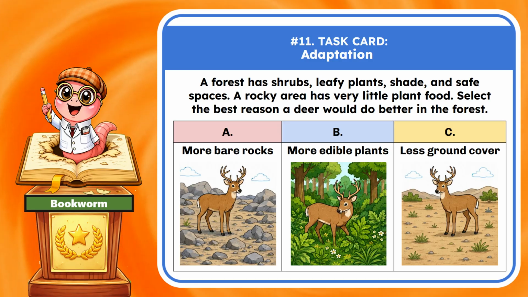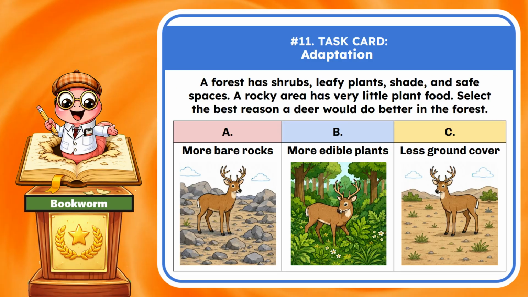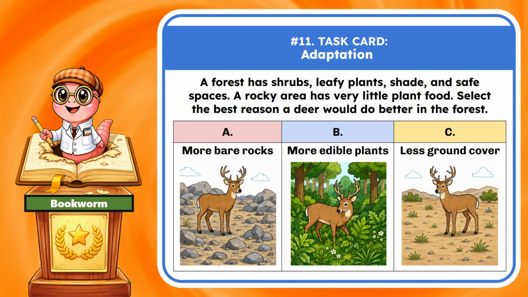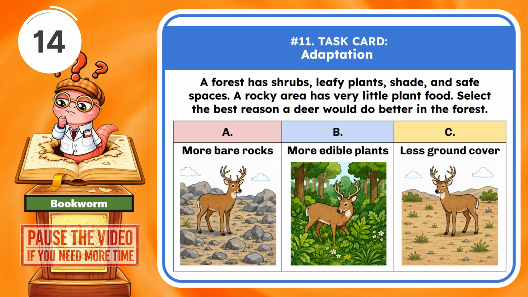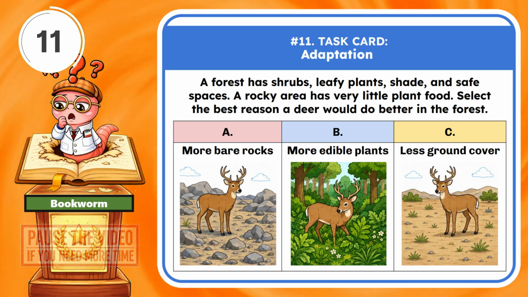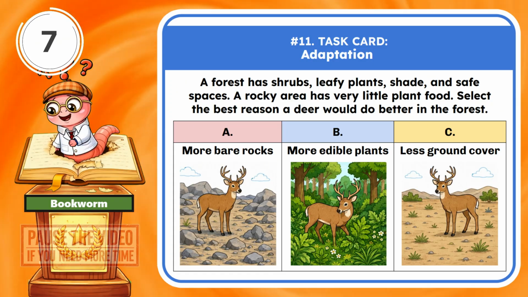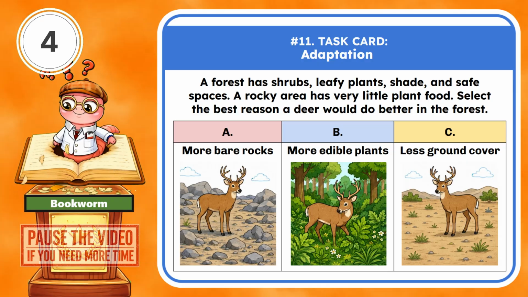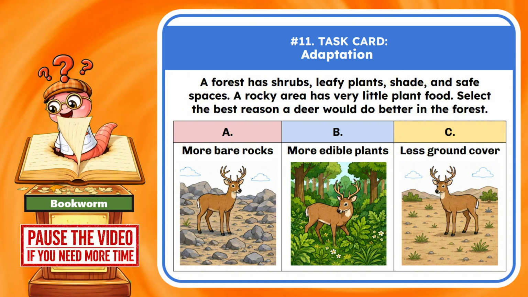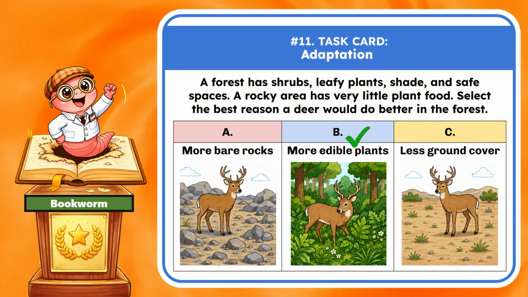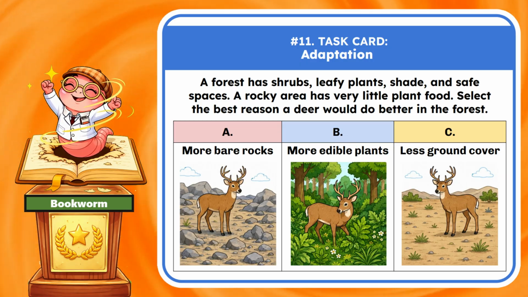A forest has shrubs, leafy plants, shade, and safe spaces. A rocky area has very little plant food. Select the best reason a deer would do better in the forest. And the correct answer is letter B, more edible plants.